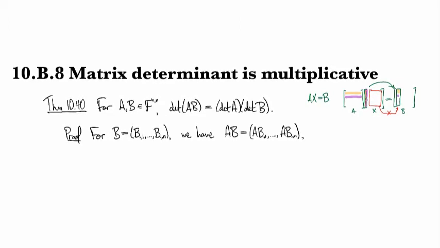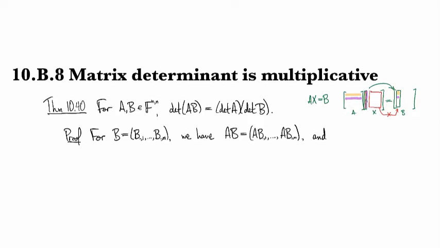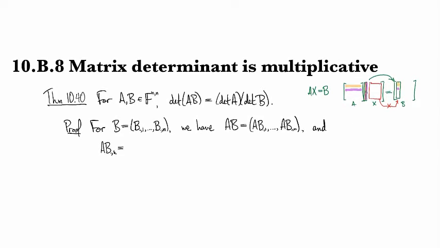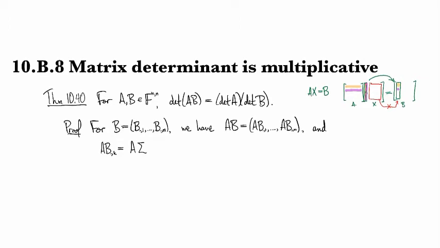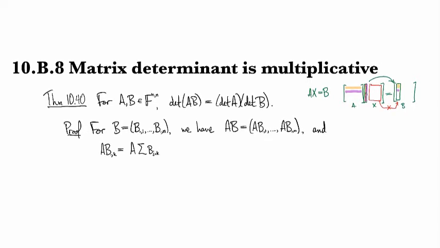If we look at what those products look like, A times B dot comma k, I can write that column in terms of the standard basis.